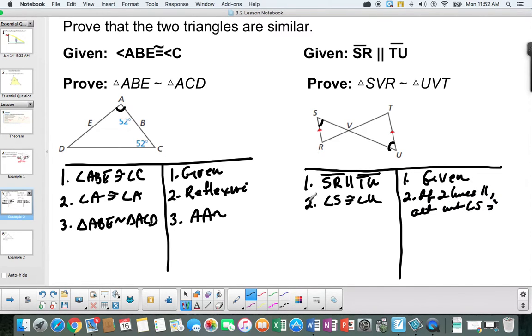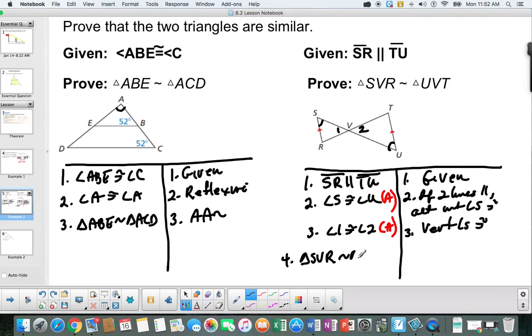Now I can show the other alternate interior angles, but what I think I'm going to do is remind you about these two angles. Angle 1 is congruent to angle 2, and that's because vertical angles are congruent. So I now have two pairs of angles that are congruent. So I can say triangle SVR is similar to triangle UVT, and the reason is angle-angle similarity.